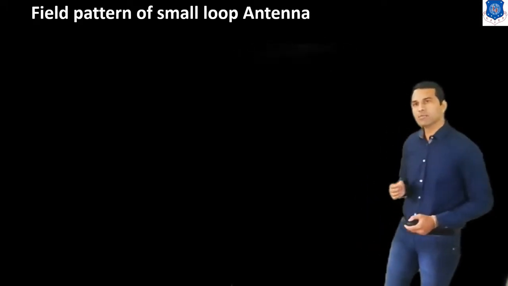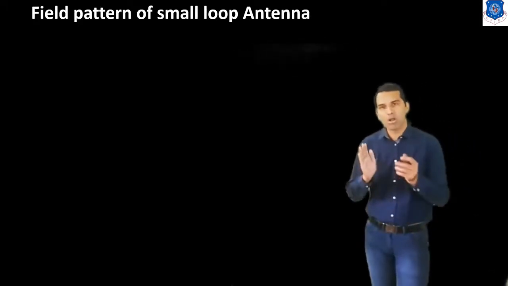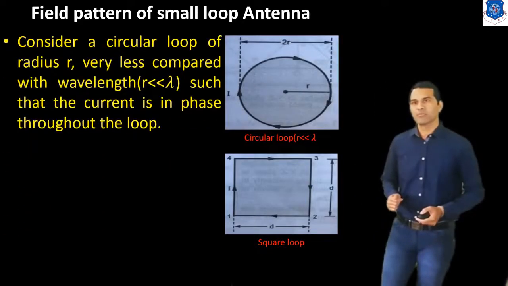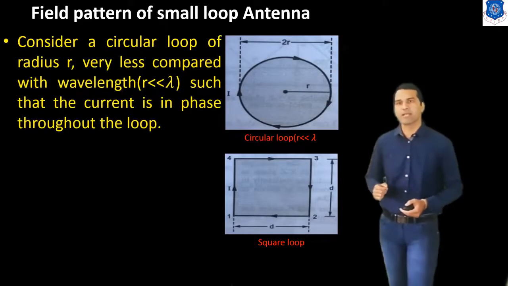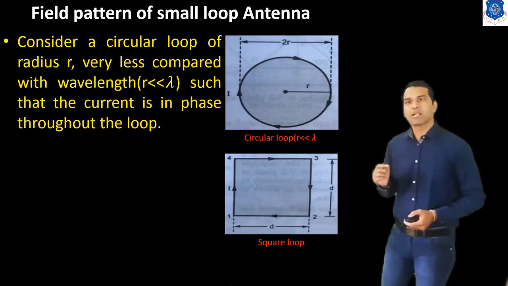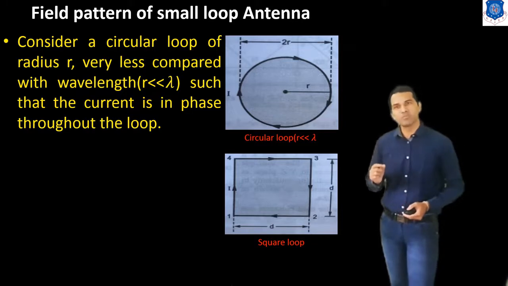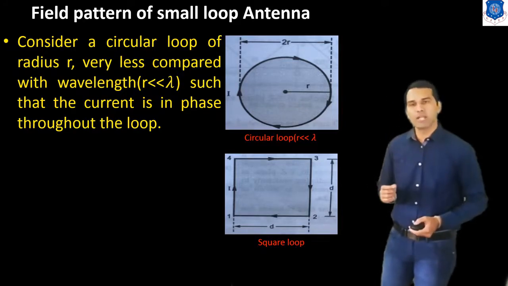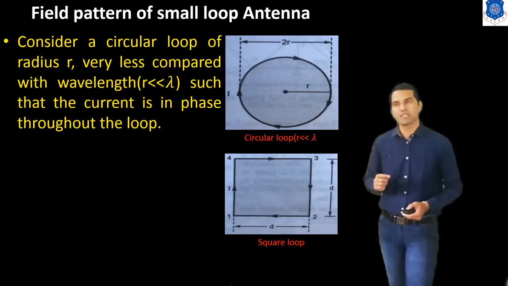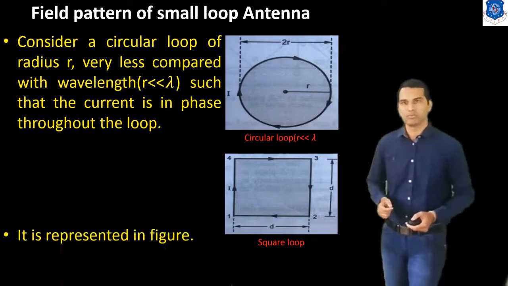Now we discuss the field pattern of a small loop antenna. So here in the figure, consider a circular loop of radius r. That means the radius r is very small compared with the wavelength lambda, such that the current is in phase throughout the loop.